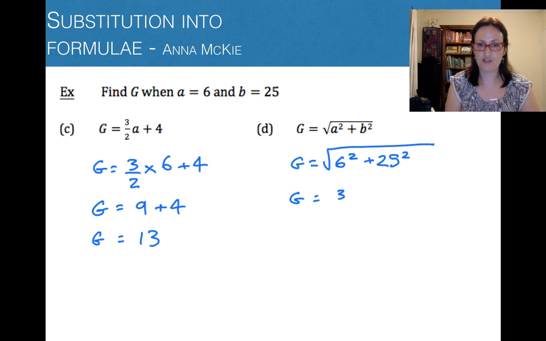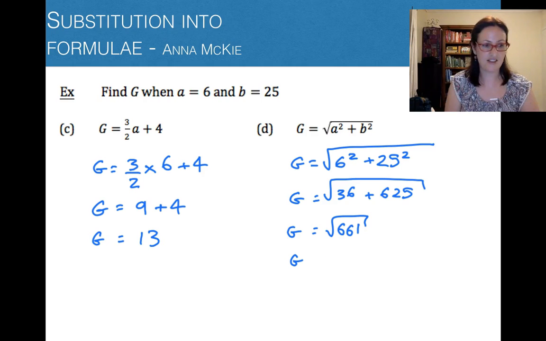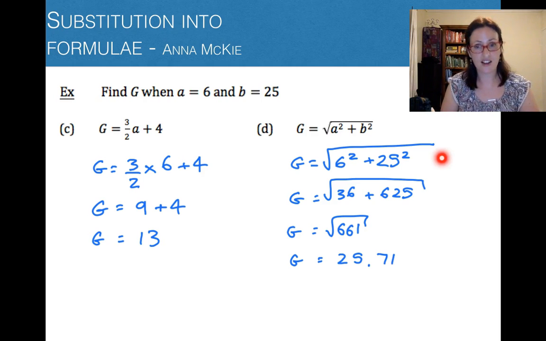Perhaps I'll just do a few steps and show you. 6 squared is 36, 25 squared is 625. Working that out, the square root of 661 gives us 25.71. It's fine for you to go from that line there where you've substituted in the number straight to the answer. That's not a problem. It's just sometimes valuable to know what the steps in between are.